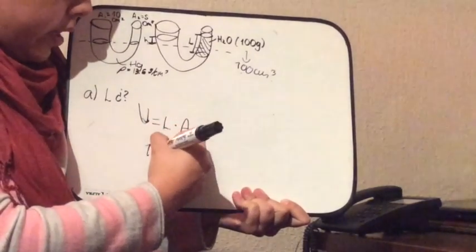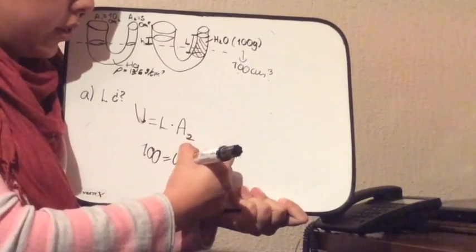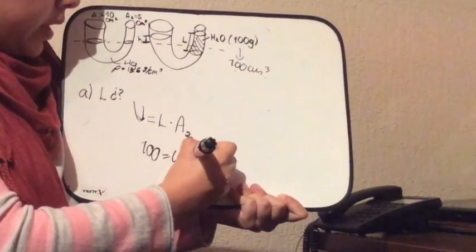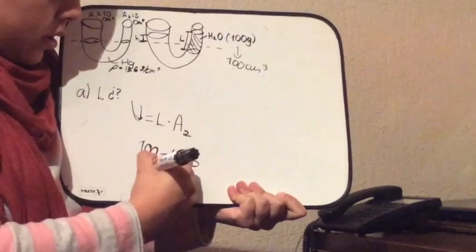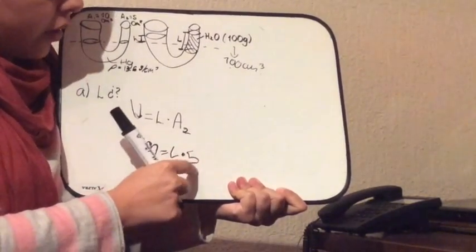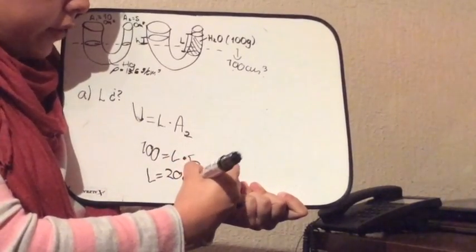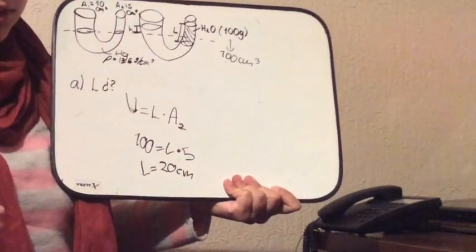So if we know that the volume is 100 and we want to find the value of L, we simply have to bring A2 to this side, or divide 100 by 5, and we get that the value of L equals 20 centimeters. So that is the first part of our problem.